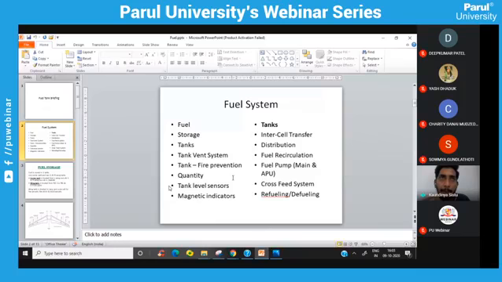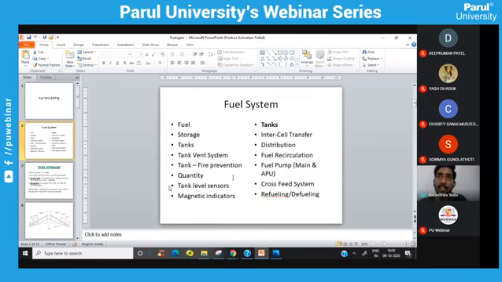So you need an intake. That's what the tank venting system is. If you keep on pumping the fuel outside, a vacuum will be created at a certain point so that you can't pump the fuel anymore. So the empty space created by the fuel which has been pumped out or used by the engines should be occupied by a different matter, so that the equilibrium is maintained inside the wing.